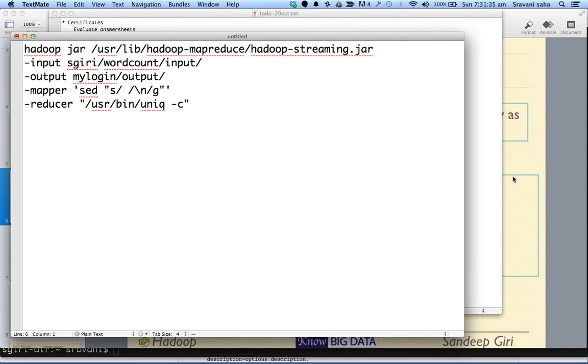The mapper gives output in tab separated form, key and value tab separated, and the reducer also expects the values in the form of key and value which are tab separated. Here the input to the reducer is not aggregated values, instead it is just the sorted values of all the mappers. Is it clear to all of us?